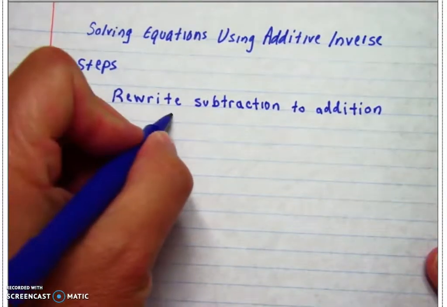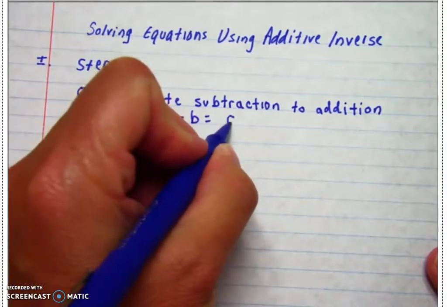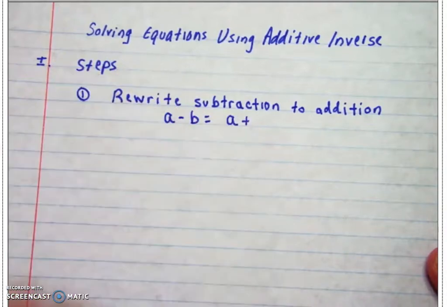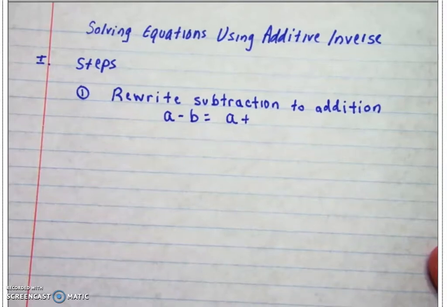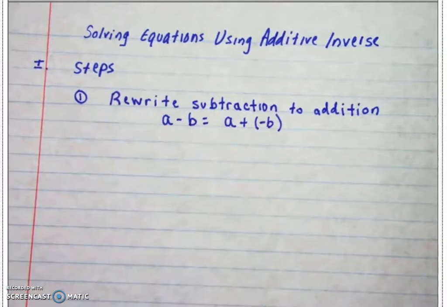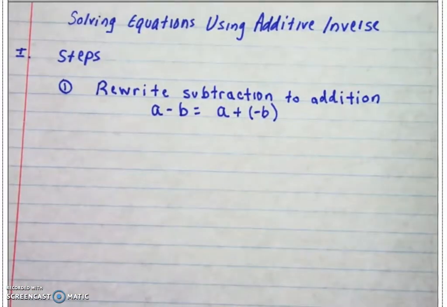If we have something like a minus b, we want to rewrite that as, remember, we should do two things. We change that minus to a plus, and then we have to take the opposite of the number that follows the new plus sign. So the opposite of b would be negative b. And I put my negative numbers in parentheses so I don't lose my negative sign.